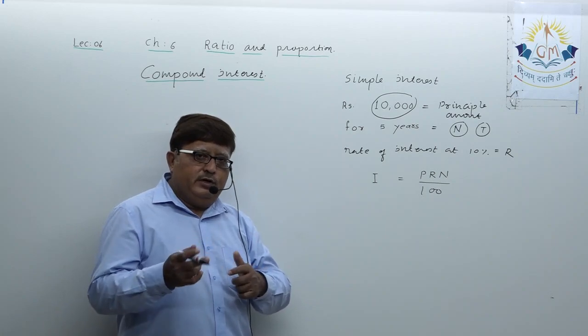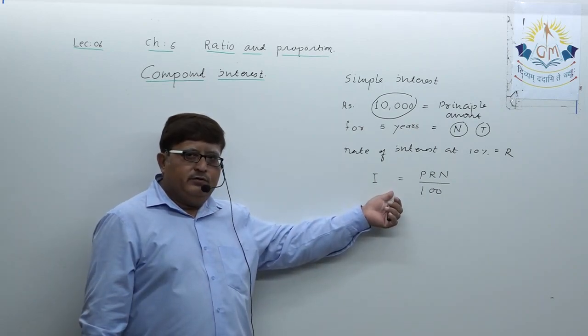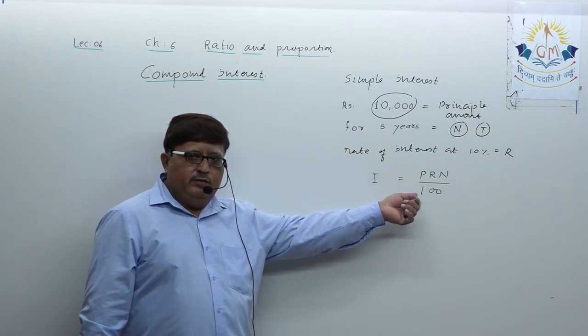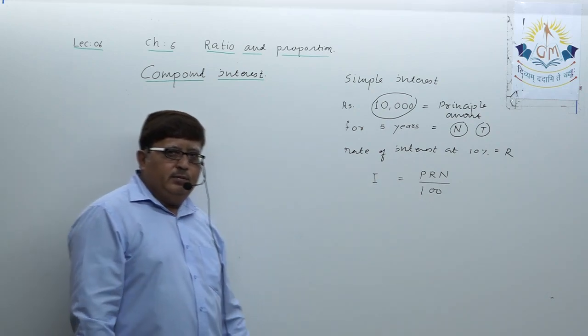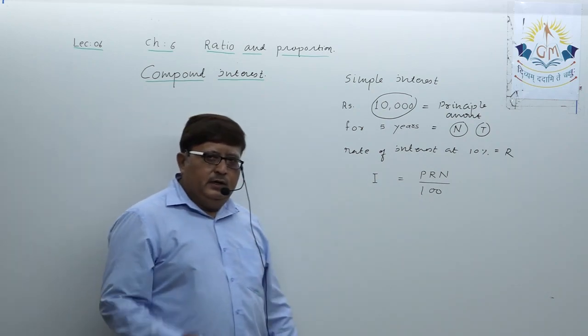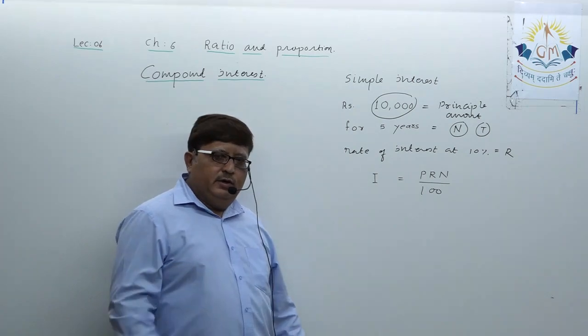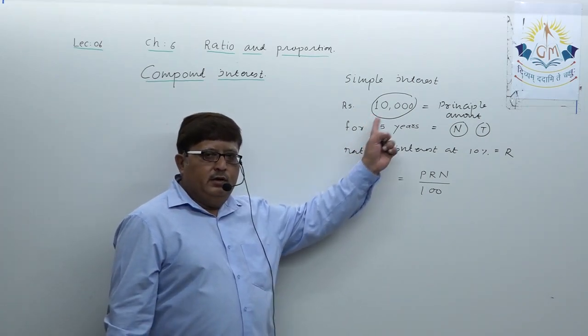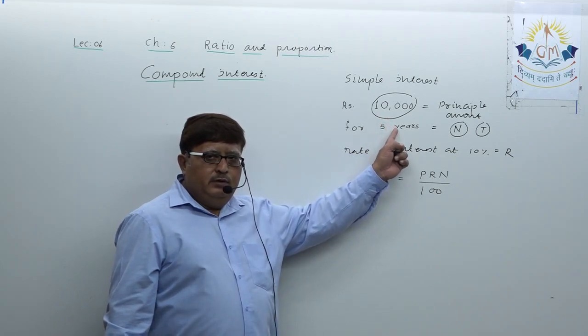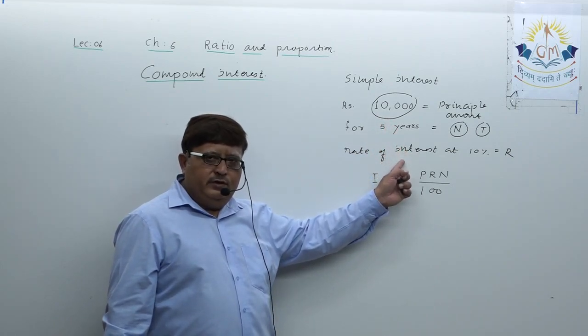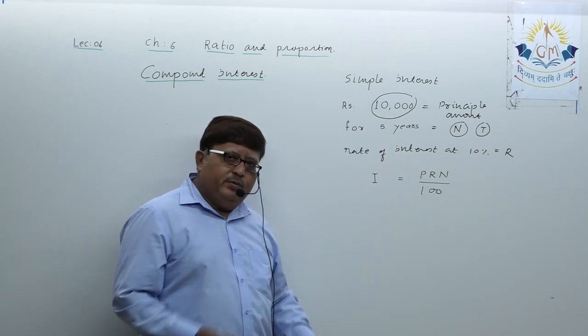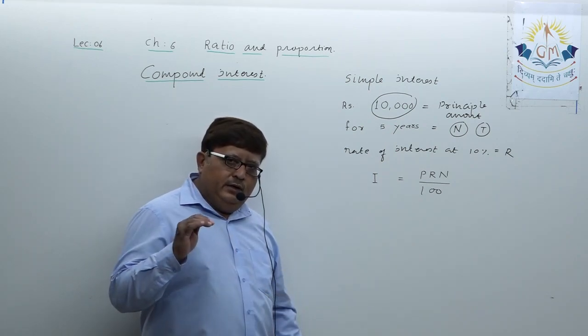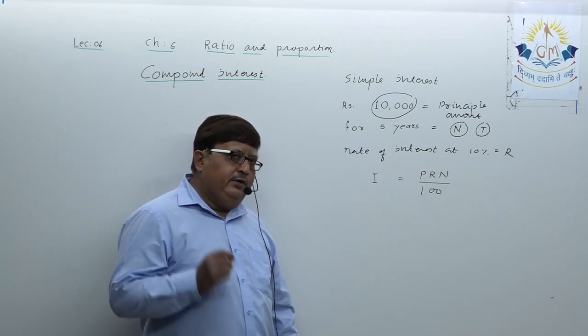Suppose in the first year I count the interest by putting the values in this formula, PRN upon 100. Then again next year I have to find the interest on the same data, same P, same R and N, understand? So what happens in simple interest?